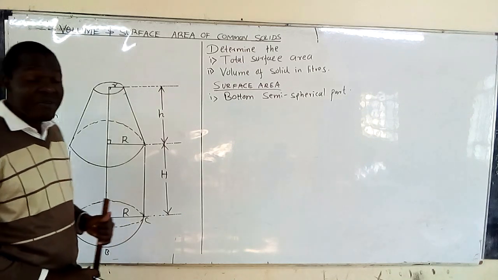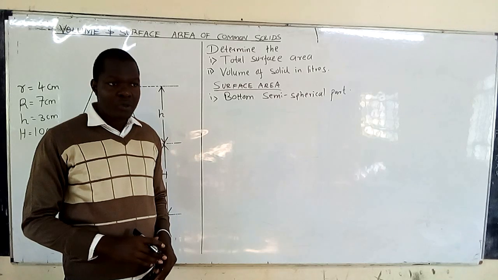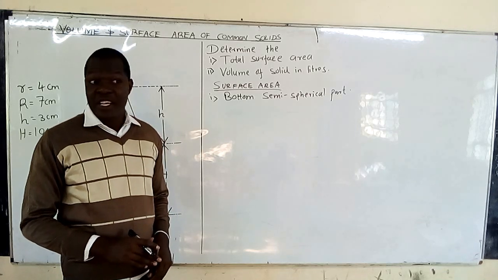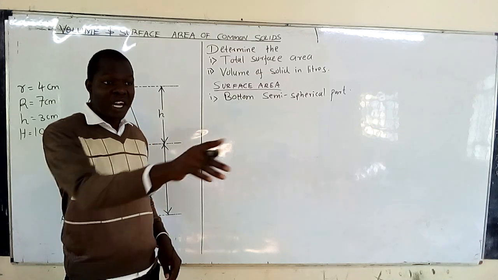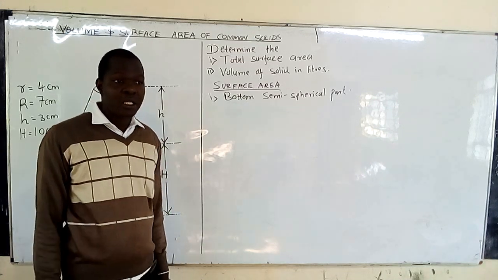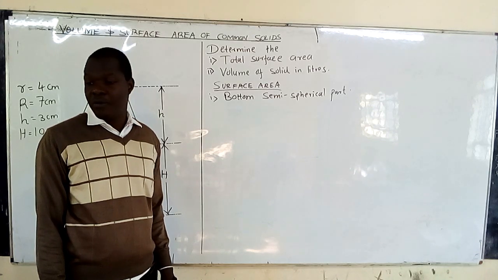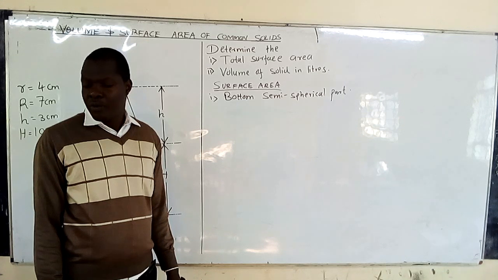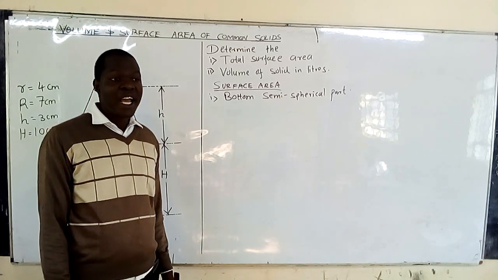So how do you get the curved surface area of a sphere? It is 4 pi r squared.